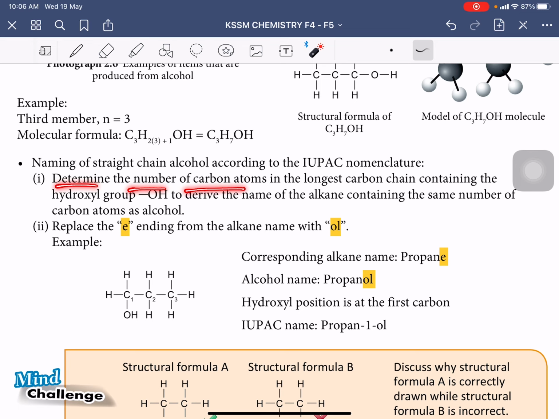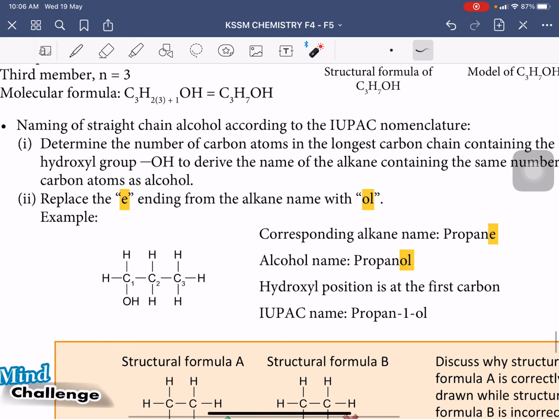Determine the number of carbon atoms in the longest carbon chain containing the OH hydroxyl group to derive the name of the alkane. So what you do, you determine first. I use a highlighter. I highlight this one. This is the longest straight carbon chain.